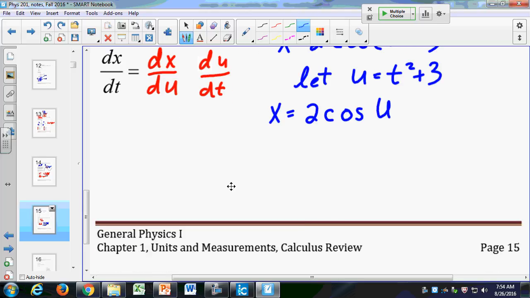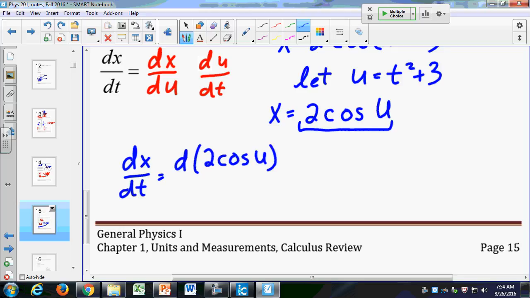To show you how that would work, I would say dx/dt will equal dx/du. x is 2 cosine u, because this is x right here, I plug that in there.